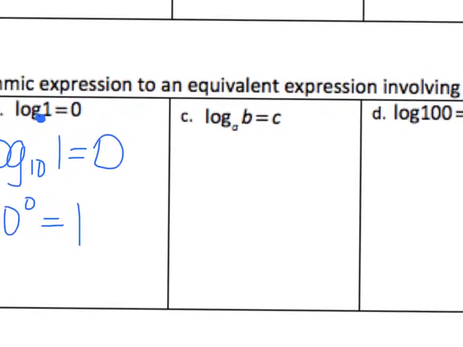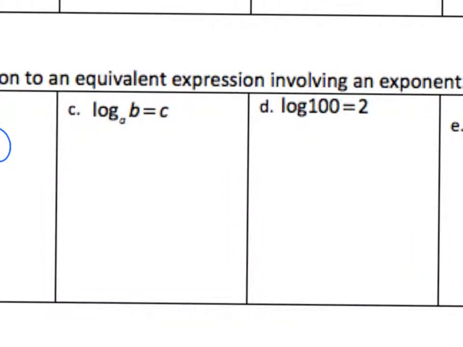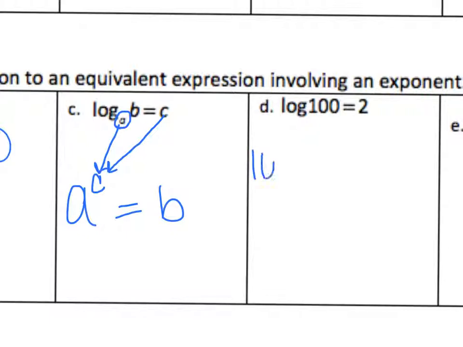Okay, let's keep going. I want you to try C, D, and E by yourself if you think you're ready. So following the same pattern, the base I'm going to make large, so it's going to be a regular number. Whatever it's equal to is going to be the exponent, and it's going to equal B. Okay, D is the same thing as B, where there's no little number right next to the log, so that base is 10.